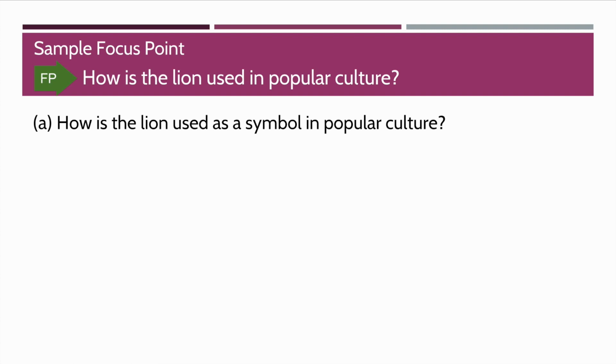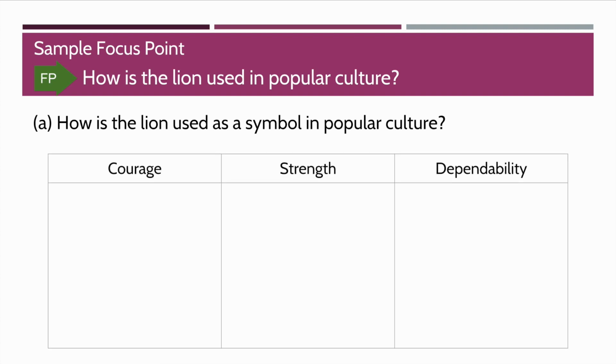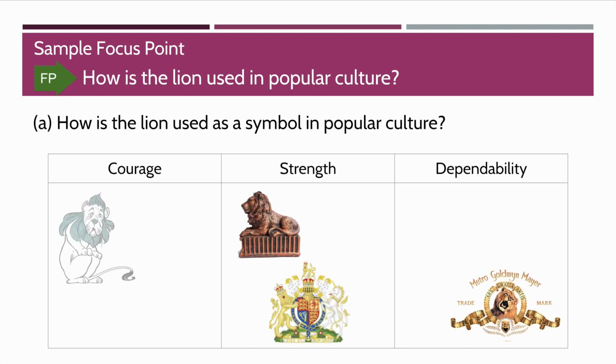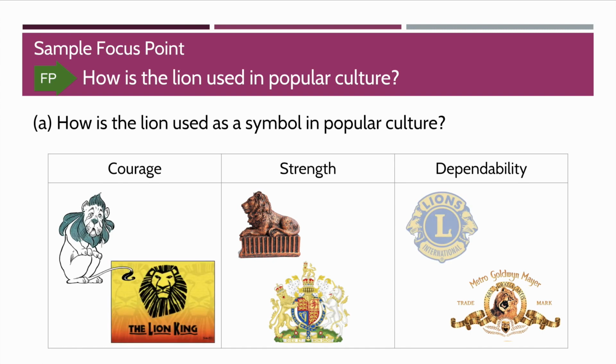I came up with 3 distinct categories. Courage, because I was thinking about the Cowardly Lion in The Wizard of Oz and how in the end of the story he gets his courage. I thought about strength. And then last but not least, dependability. 3 major categories. And then I can then place the lions in the correct category.